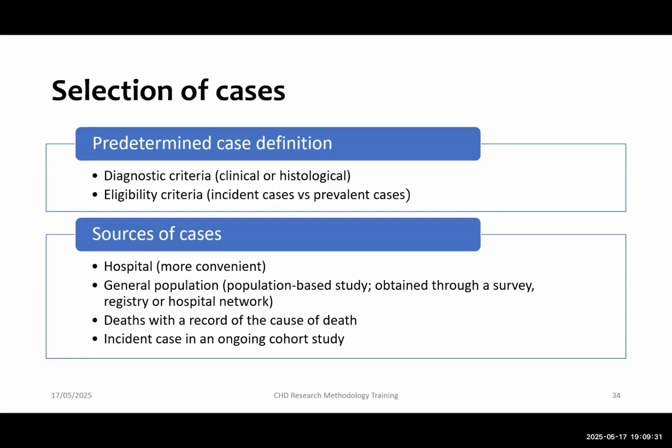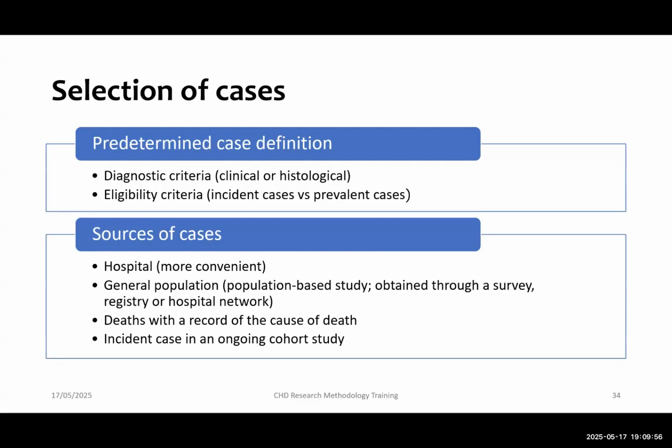It's not something you do after you have started the study. Then you must decide who is an incident case, who is a prevalent case, who will you add, who has cancer of the lungs, and if you're matching with ages, what age group, what sex. You must decide all that before you start your study.